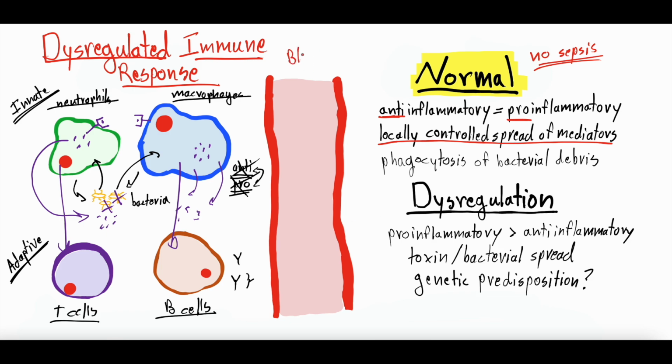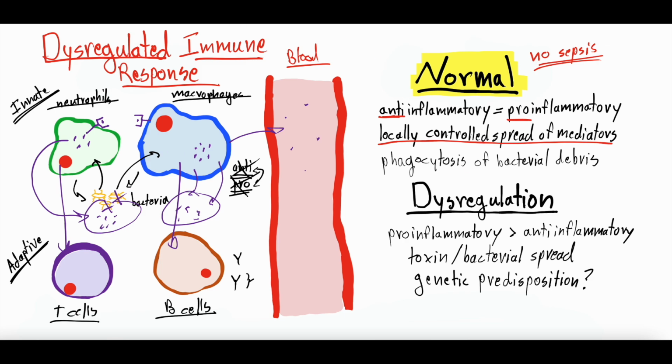Also, in the normal response, you usually have some degree of locally controlled spread of these mediators. So right here we have a blood vessel, just call it an arteriole. And some of these inflammatory mediators do end up in the blood vessels circulating around, but the vast majority of them stay localized in the region of the infection. So there's some local control of the spread of these inflammatory mediators. In addition, these bacteria are going to prompt an immune response no matter where they are.